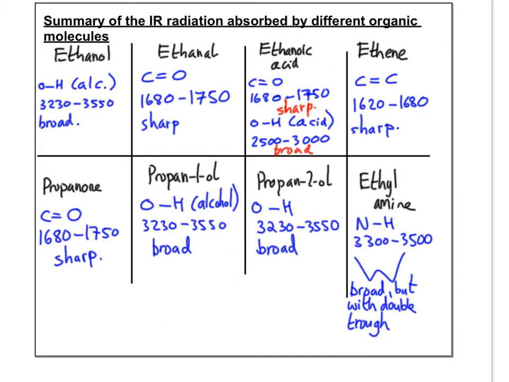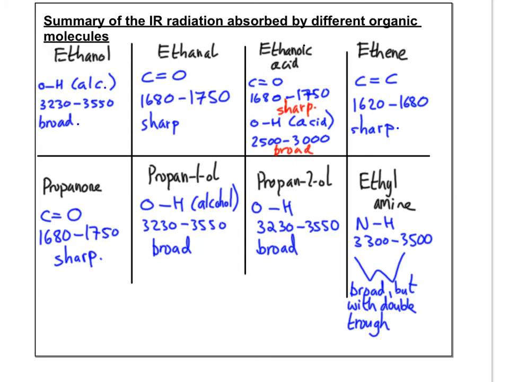And we have propanone, which, like ethanal, has a sharp peak between 1680 and 1750 because it has a carbonyl group. Propan-1-ol also has this broad peak between 3230 and 3550, similar to ethanol. Propan-2-ol is similar as well. But what will be the difference here? What will we see in the infrared that would tell them apart? Yes, it's their fingerprint region.